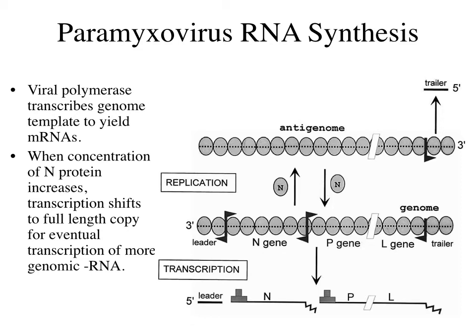So it has to carry its transcriptase in the virion, and upon entry and uncoating in the cell, the first thing that's going to happen is transcription of messenger RNA. Eventually, when the concentration of the N protein becomes sufficiently high, the transcription will shift to a full-length copy and eventual transcription of more genomic negative strand RNA. So again, this is exactly the same kind of system that we talked about with the rhabdoviruses.